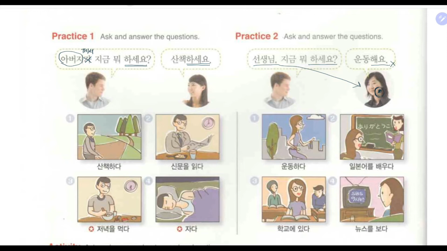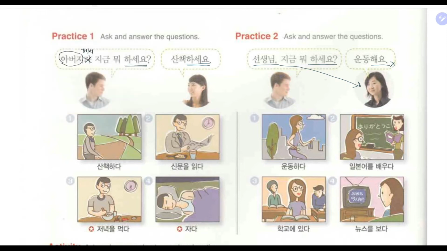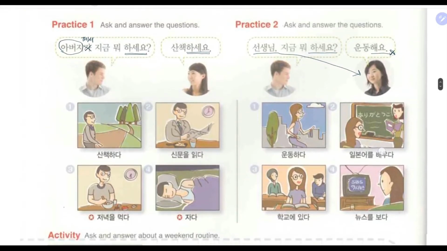When you talk about yourself, you never use honorific form. That's the way to show respect to the speaker or the listener. You don't use honorific form when the subject is yourself. Okay?